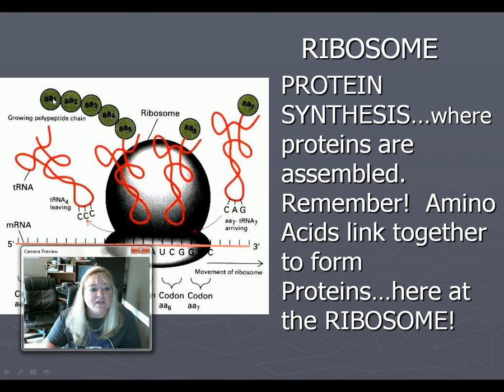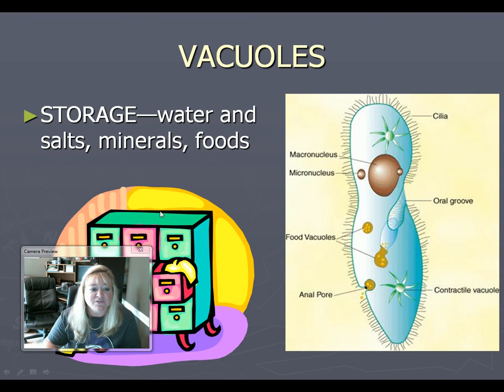And these little green circles are amino acids. And the amino acids are being joined together here to make a growing polypeptide chain. And so that should make some sense to you. But the proteins are assembled here at the ribosome. And so that's important. We'll go into this. You'll understand this picture in detail before you leave this course. But for now, you just need to know that ribosomes make protein, where the proteins are made.